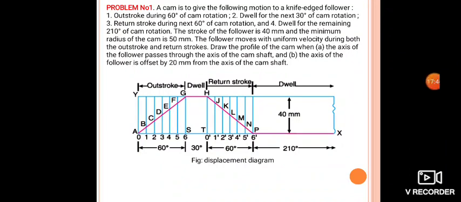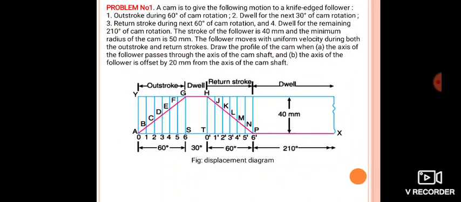So we will discuss some problems of cams. Here a cam is to give the following motion to a knife-edged follower. First, outward during 60 degrees of the cam rotation. Second, dwell for the next 30 degrees of the rotation.